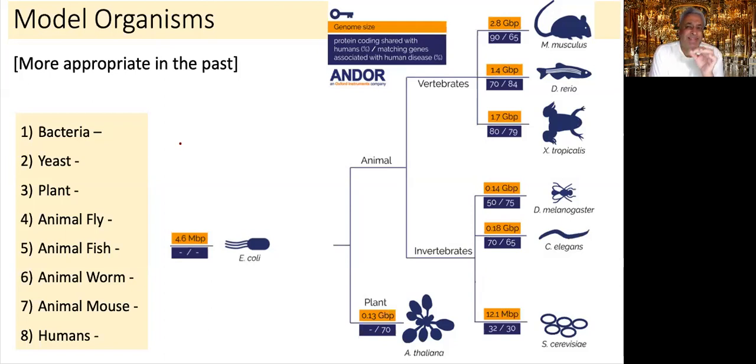So what scientists did in the past, as it says here, this is more appropriate for the past, when technology was pretty limited, in order to share knowledge, they came up with a standard set of creatures that they all agreed to work on so they could share knowledge without having too much complication, right?